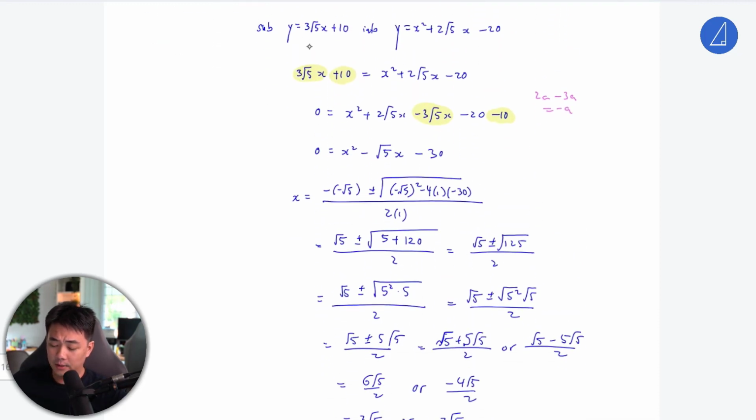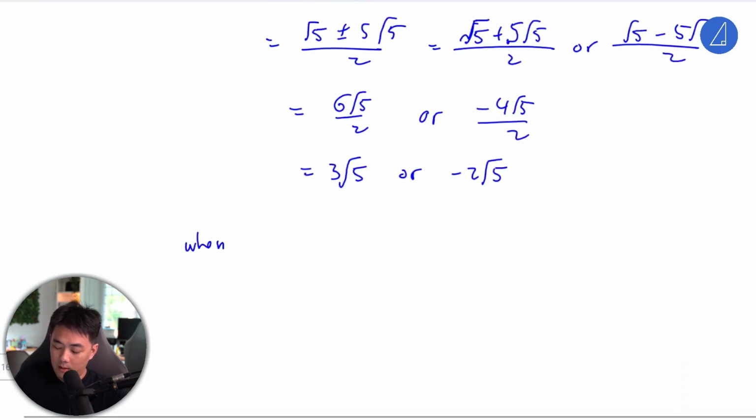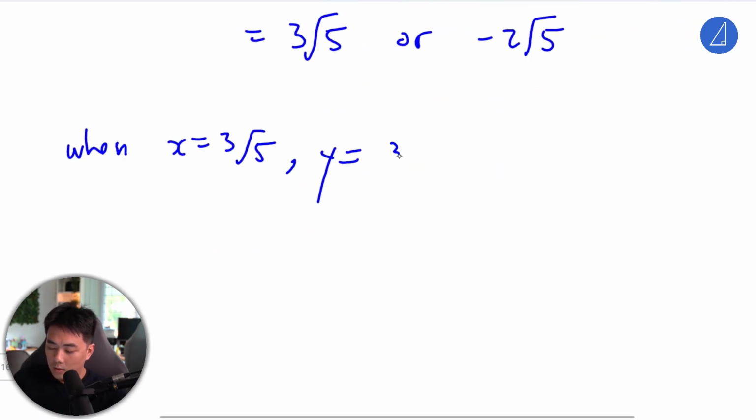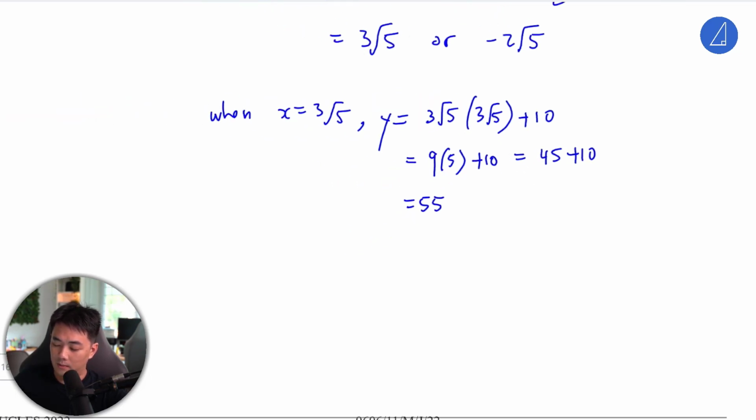The y was just, so when x equals 3 root 5, our y will be equals to 3 root 5x, 3 root 5 plus 10. There will be 9 times 5 plus 10. 45 plus 10, that will be 55. Okay.